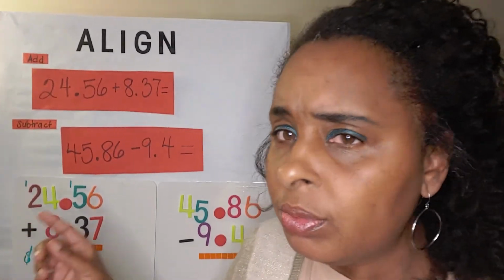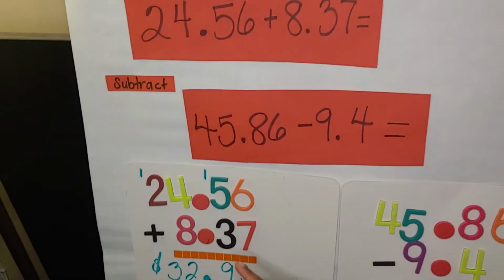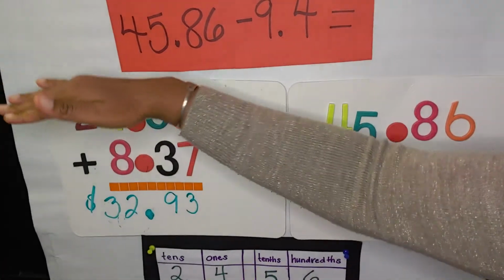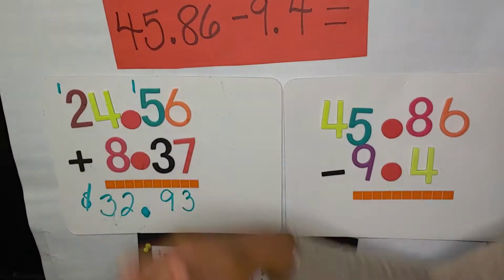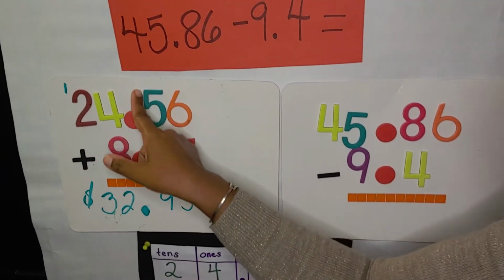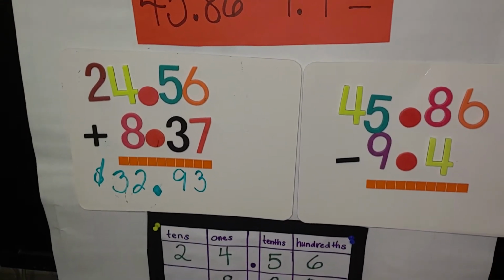For example, when we're adding and subtracting decimals, we oftentimes see it set up more vertically, where the numbers are stacked up and down, on top of each other. In that case, your decimal point is already positioned. Your decimal point is already stationary.